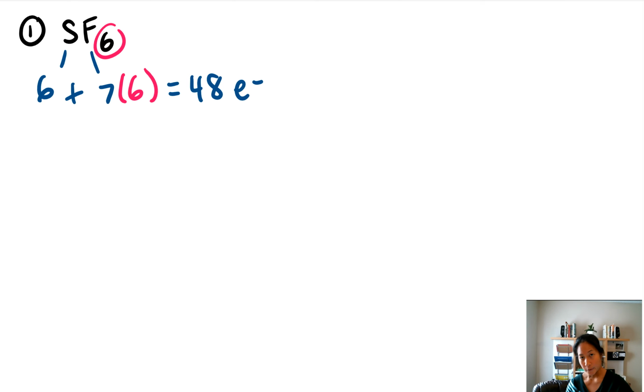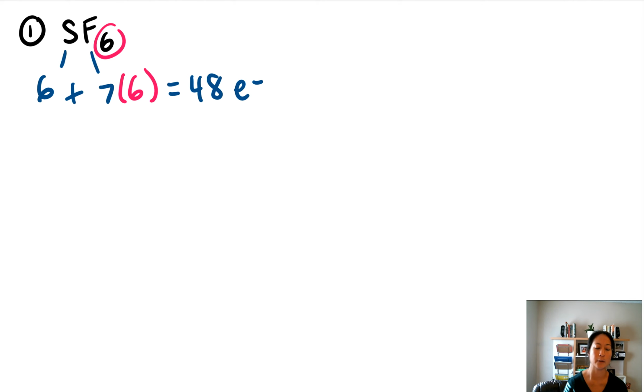Step 2, determine which atom goes into the center. Typically it is the atom written first in the chemical formula, but technically it has to be the atom that is least electronegative. So I know that fluorine is the most electronegative, so as we move away from fluorine on the periodic table, the lower the electronegativity is.